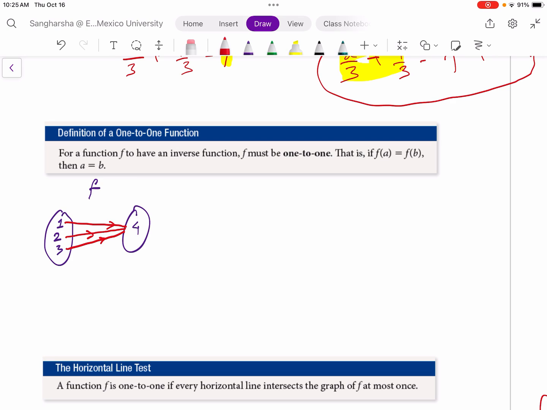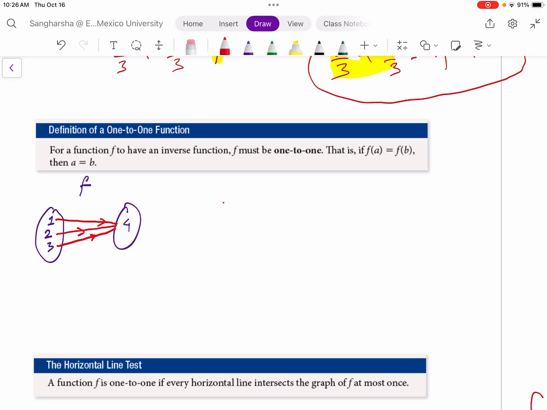Yes, right? 1 corresponds with exactly one element, 4. 2 corresponds with exactly one element, 4. 3 corresponds with exactly one element, 4. So this is a function. They can correspond to the same element, but every element must have exactly one element. That's the definition.